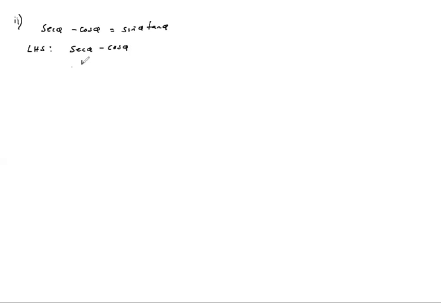Then change sec. It will be 1 over cos theta, then you have cos theta over 1. Common denominator is cos theta. And then you have 1 minus cos squared theta, which becomes sin squared theta over cos theta.